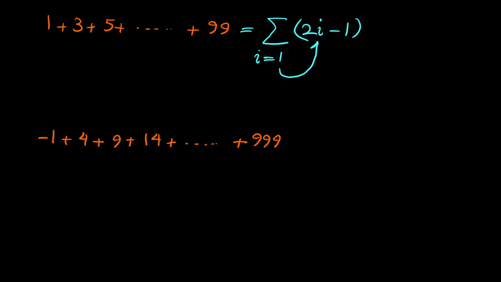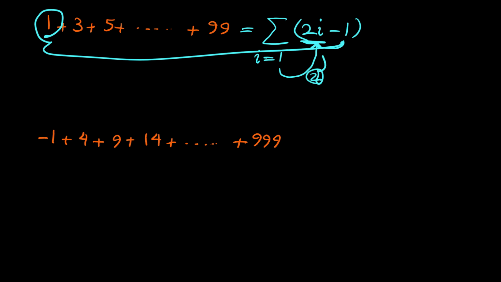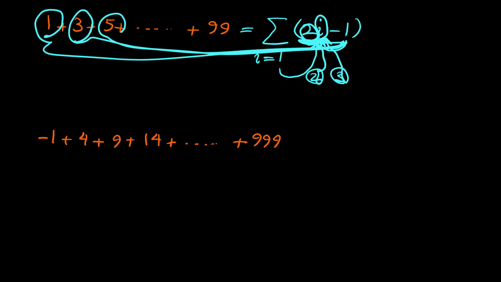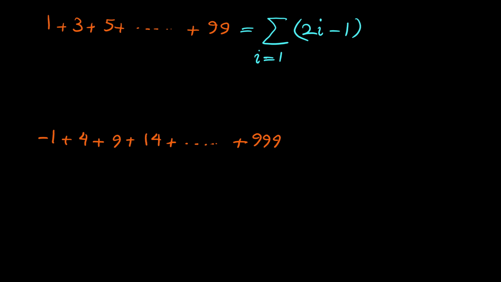When i is 1, 2 times 1, 2, 2 minus 1, 1. If you plug in 2 for i, 2 times 2, 4, 4 minus 1, 3. If you plug in 3, 2 times 3, 6 minus 1, 5. So everything works.